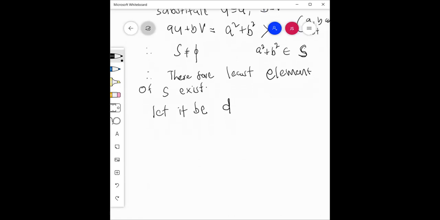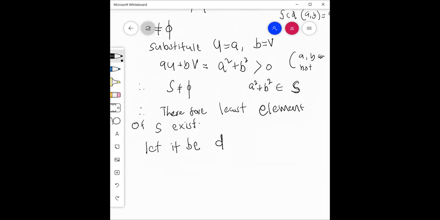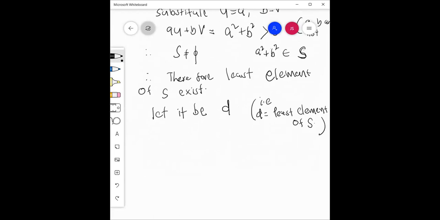Remember that D is not the greatest common divisor. It is only the least element of S. So D equals the least element of S, right? Now we are going to prove that D is nothing but the GCD of A and B. How do we prove that?